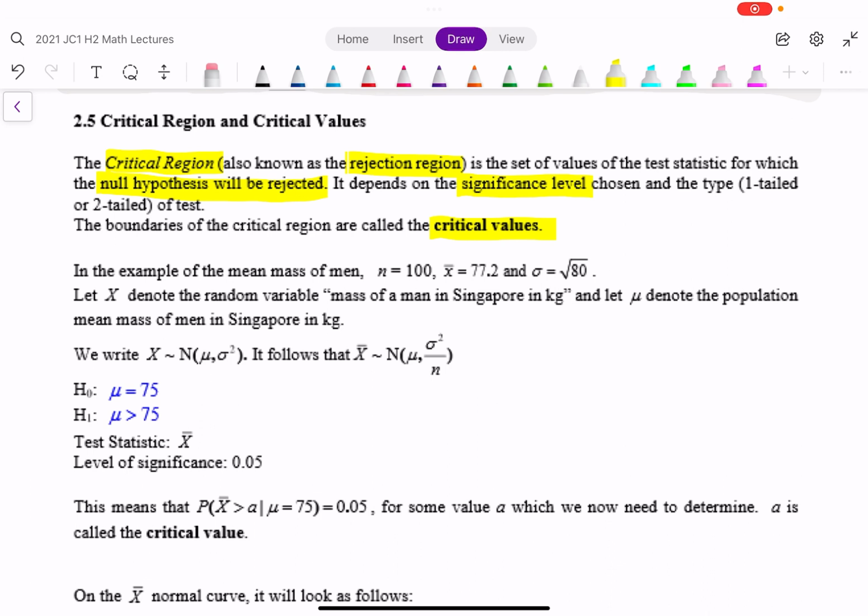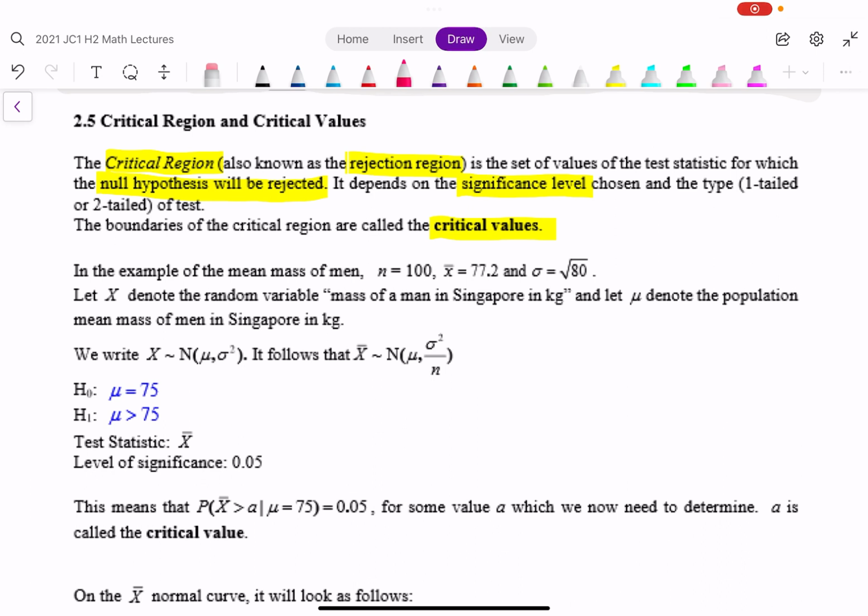Let's take a look at an example where X is the random variable that denotes the mass of a man in Singapore, and mu is the population mean mass of men in Singapore. In this case, X follows a normal distribution. If X is normally distributed, it also means that X bar is normally distributed. Our hypothesis here is that mu is equal to 75 kg.